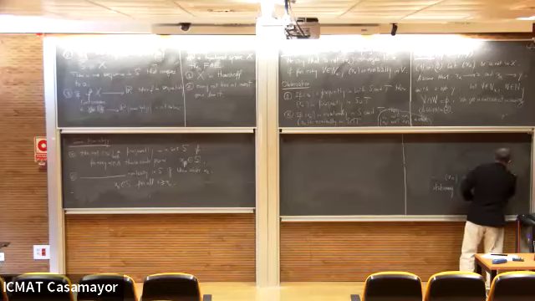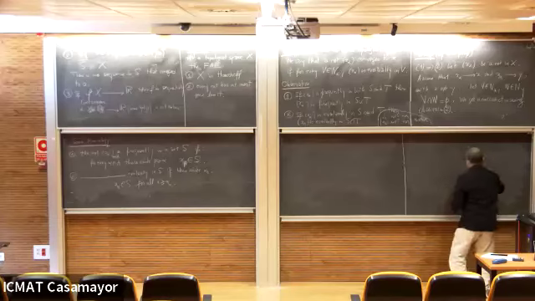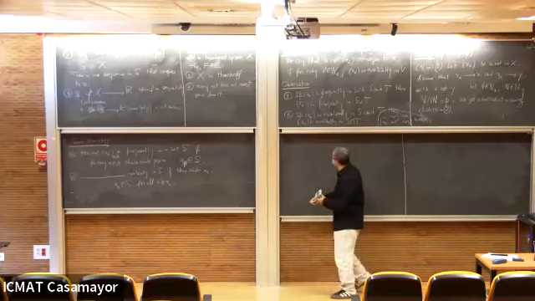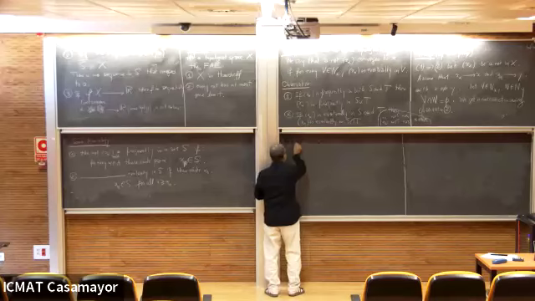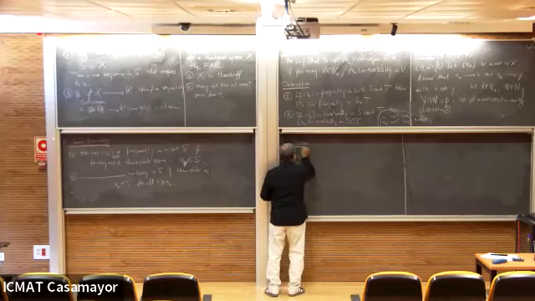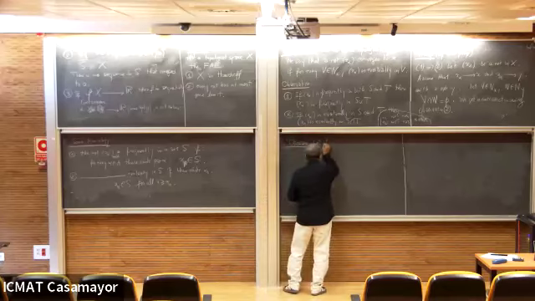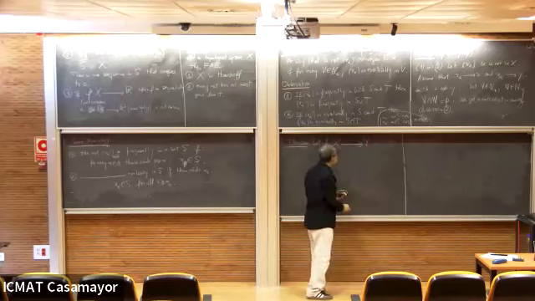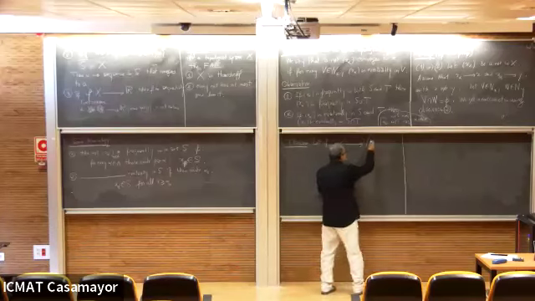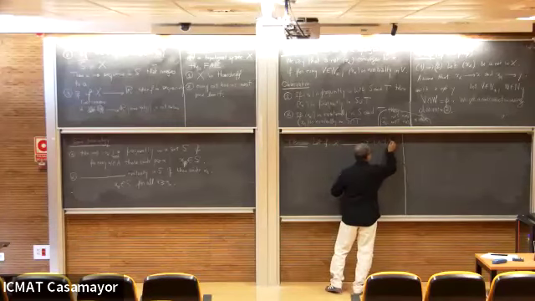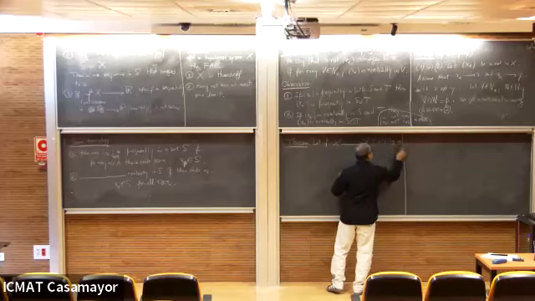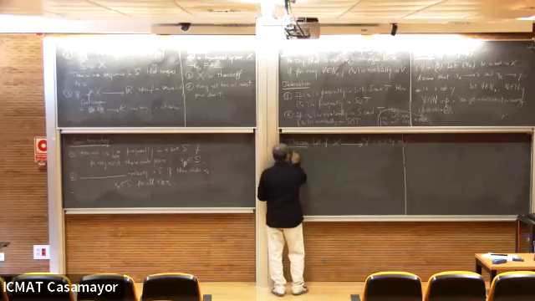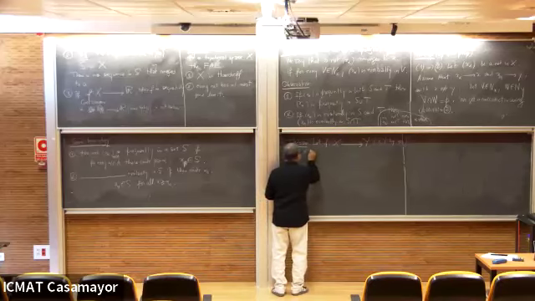Now we give a statement for continuity using nets. It's a very natural statement, so I can say that it's a theorem. Let F be a map from a topological space X to a topological space Y. The following are equivalent.